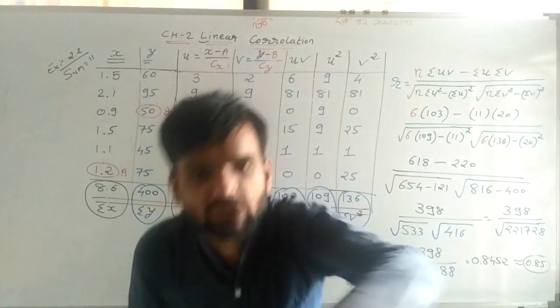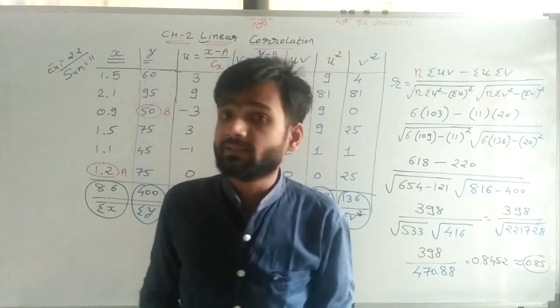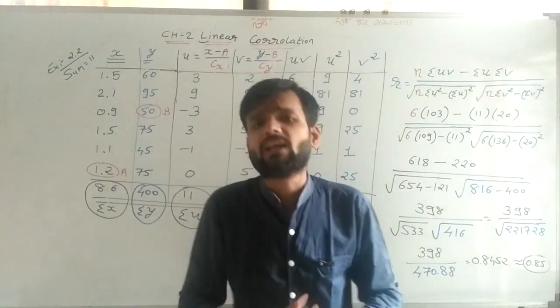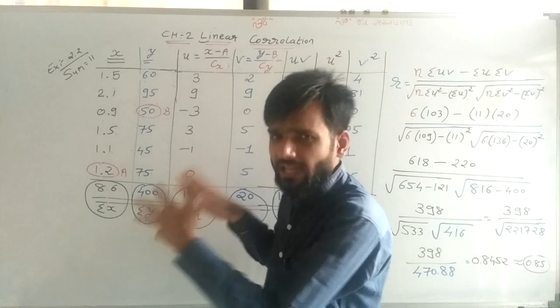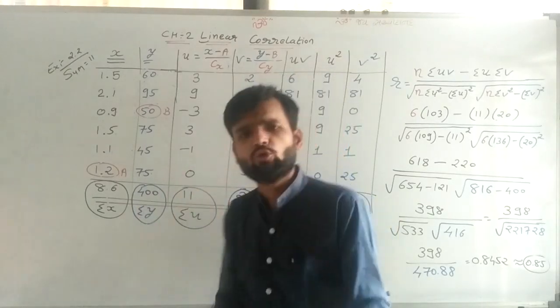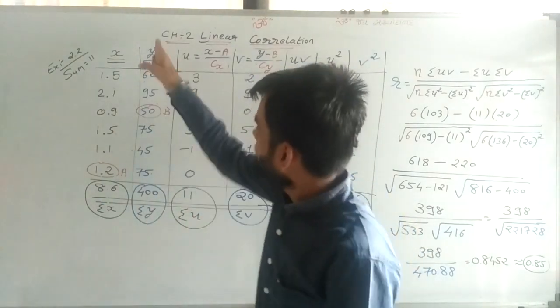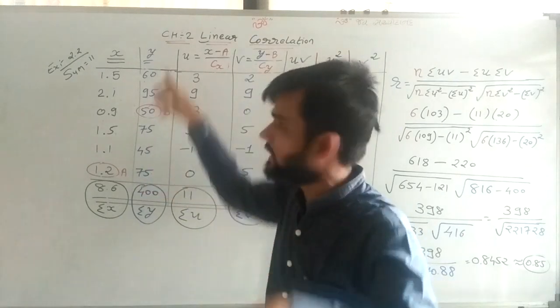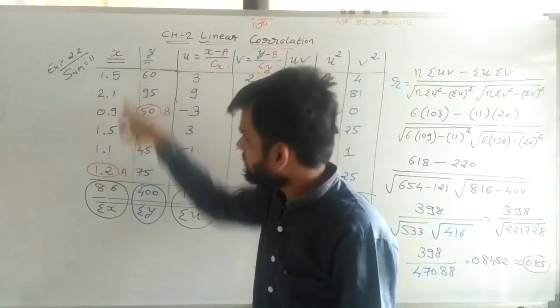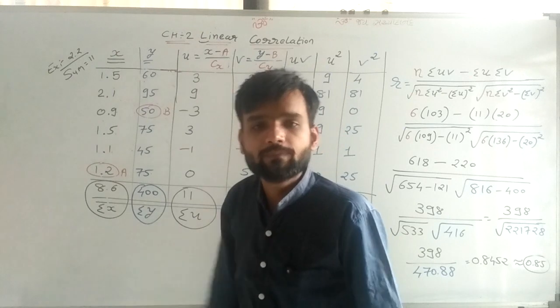That formula we use when we need to convert large values into small values. Second thing, if fraction details are given. Here I have taken the type of sum which includes both situations. Large values are given in y and fraction values are given in x.